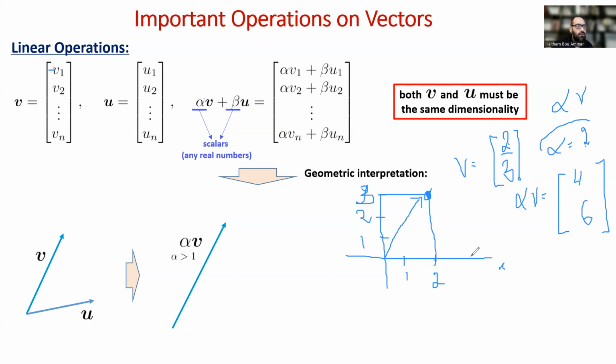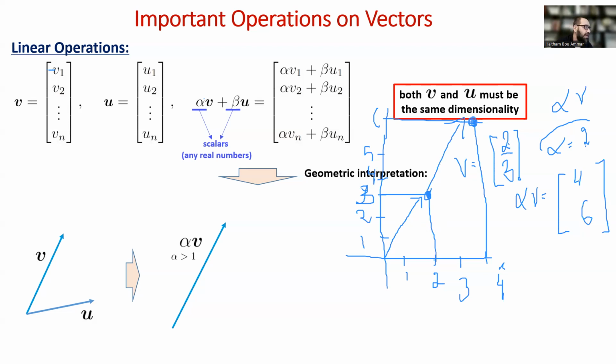If I plot this vector, 3, 4, 5, 6, now I will have a point that's somewhere there. So what I've done when I multiplied by 2, I actually kept the same direction, but I just increased that vector's size.